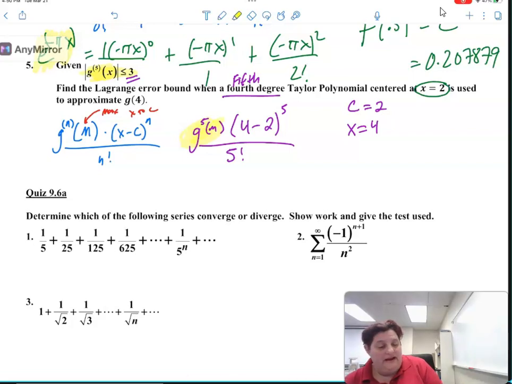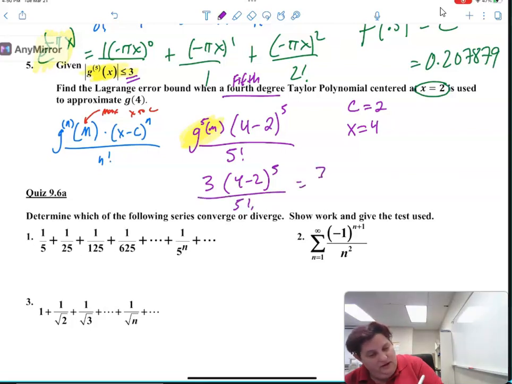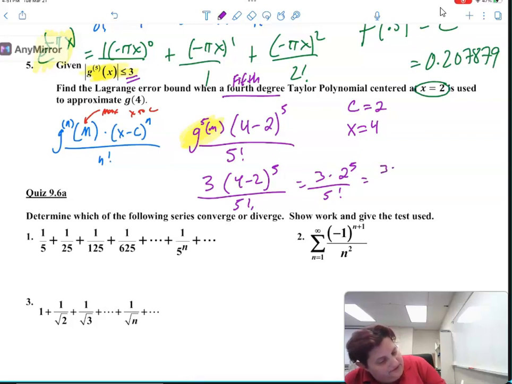But the whole key is that I know what this max is, and it says it's never greater than or equal to 3. So 3, and then it's 4 minus 2 to the 5 over 5 factorial. You can leave it like that, or you can figure out what that is if you needed to. 4 minus 2 is 2, so 2 to the 5th is 32, over 5 factorial, which is 5, 4, 3, 2, 1.